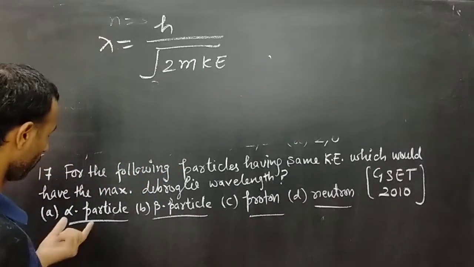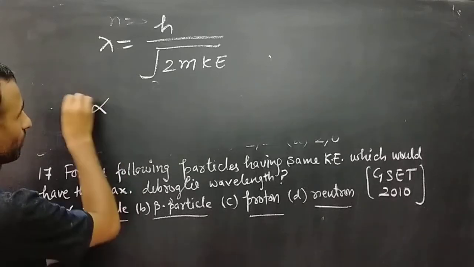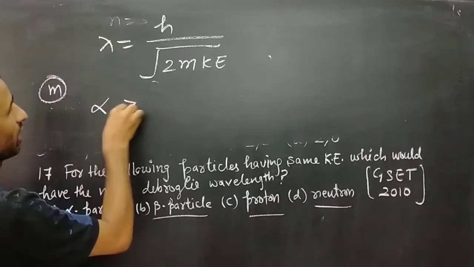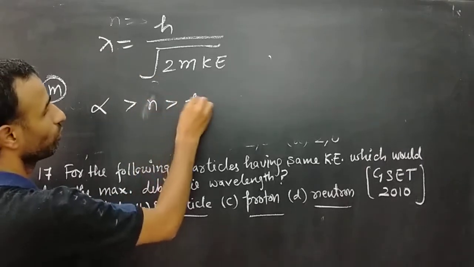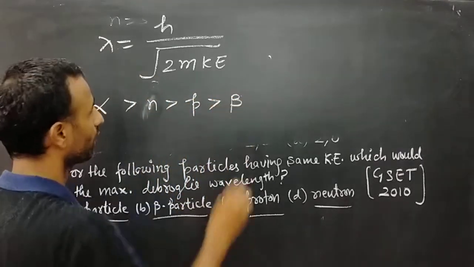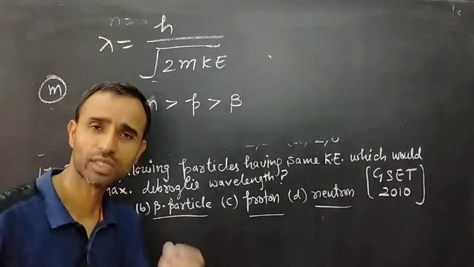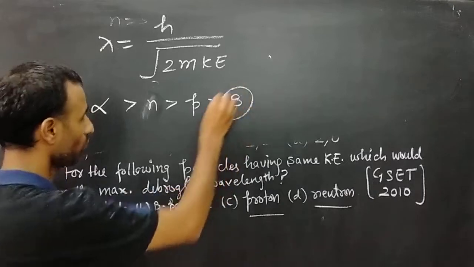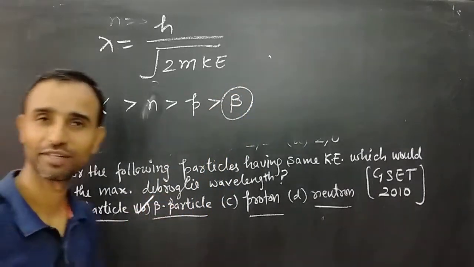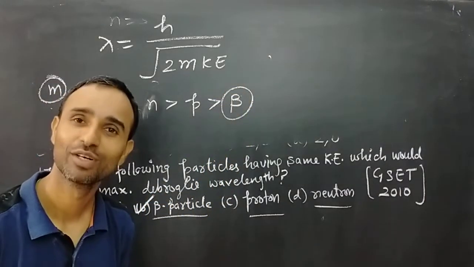Alpha particles are heaviest. Then come to neutron, then proton, and last is beta particle. This beta particle means simple electrons. So that means lambda is maximum for beta particle. Right? Got it?